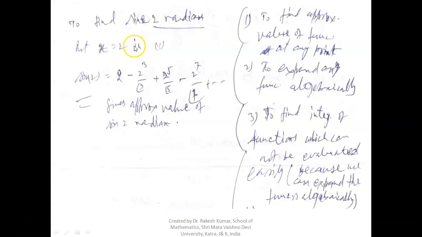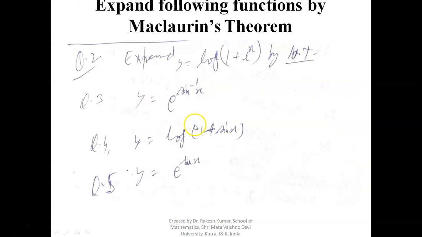And we can use this theorem to find the value of sine 2 radian, putting x equal to 2 in equation number 1. So sine 2 becomes like this, and now you can find out their values, and that will give us the approximate value of sine 2 radian.